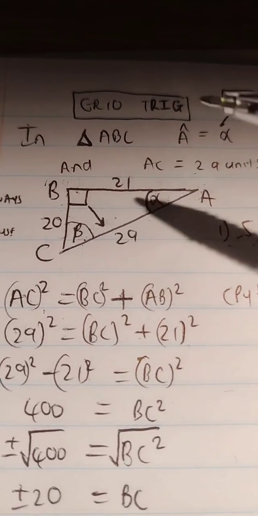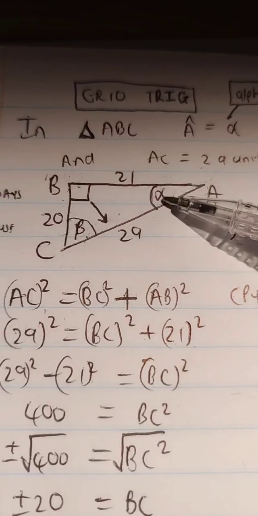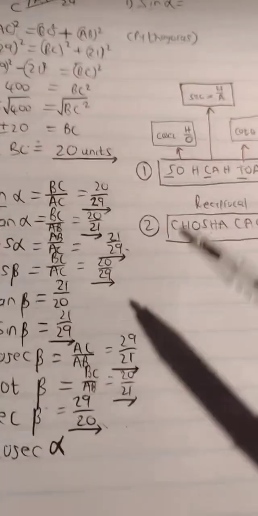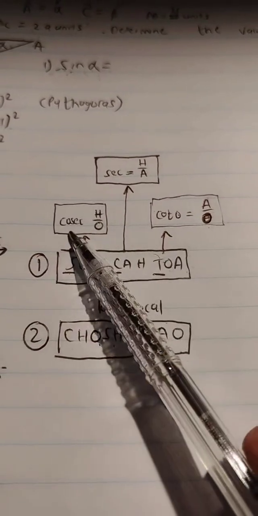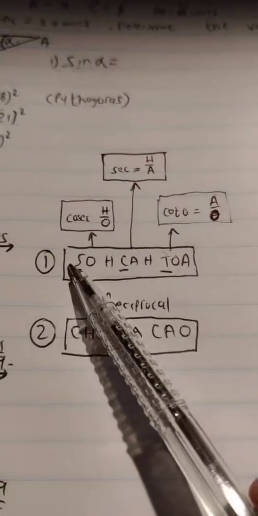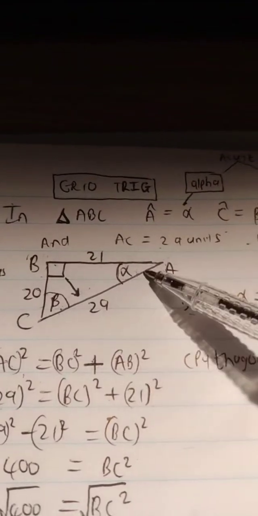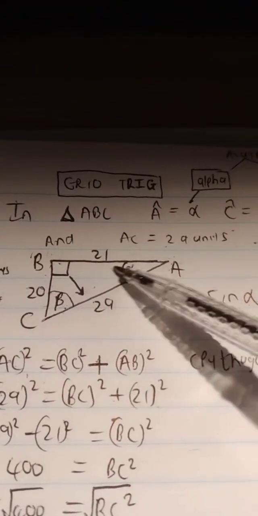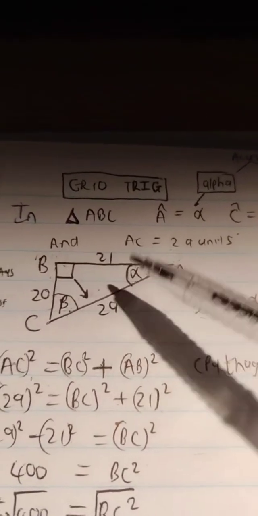Cosec alpha is, where is alpha? Here is alpha. What is the definition of cosec? Cosec is hypotenuse over opposite, the reciprocal of sine. There is the hypotenuse side. There is the opposite side. So cosec alpha is 29 over 20.